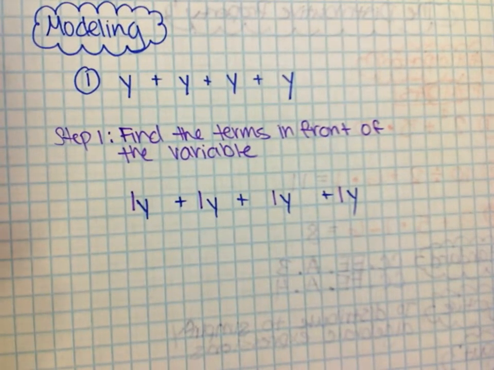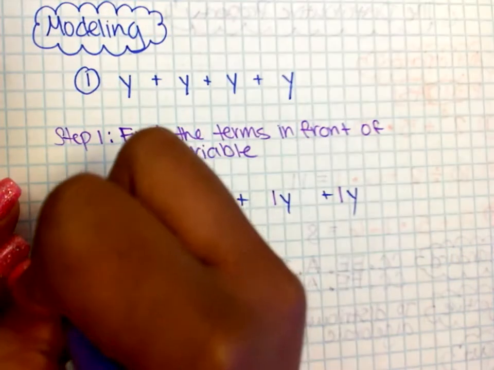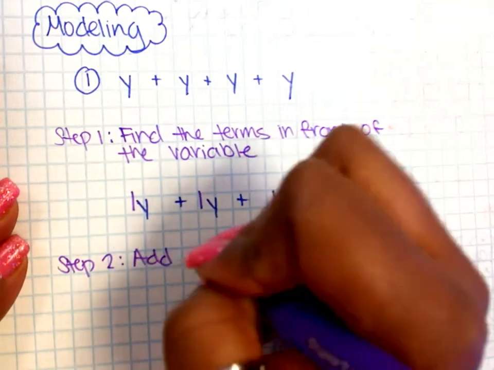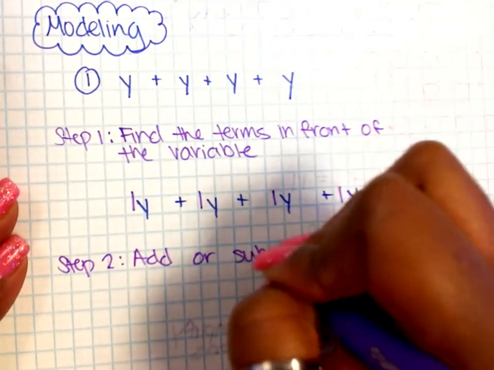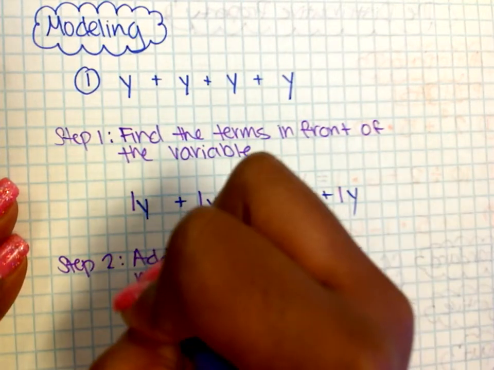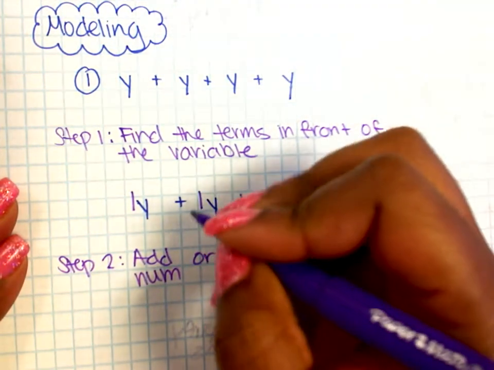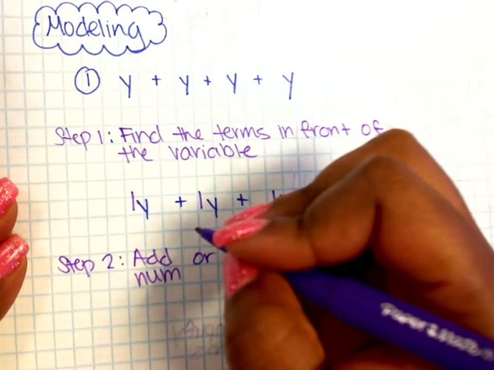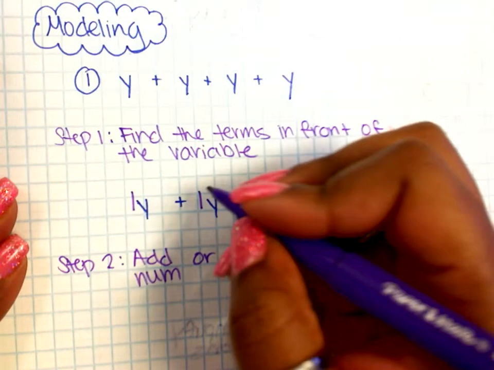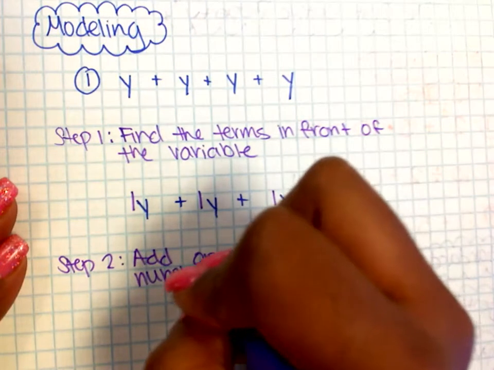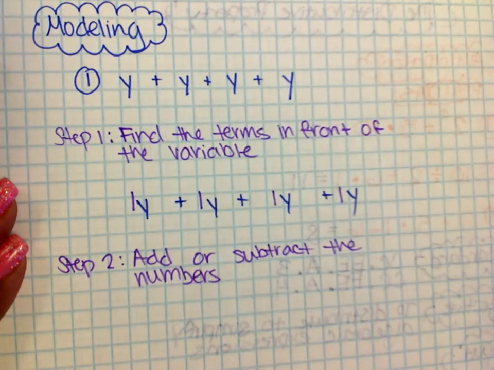Step 2, you're going to add or subtract the numbers. So secret spy number 1 is in front of y. So you're going to add or subtract the numbers.